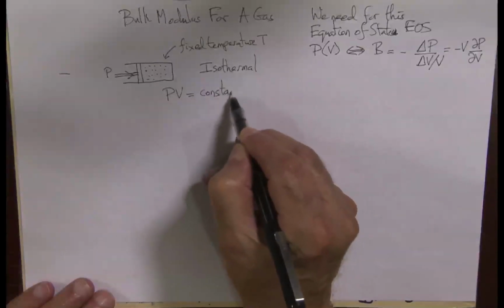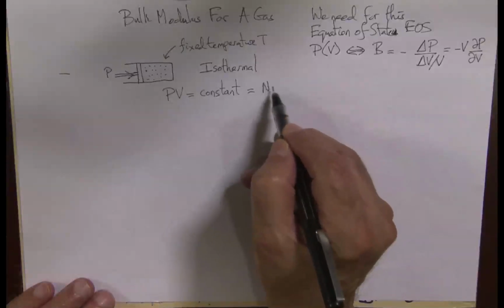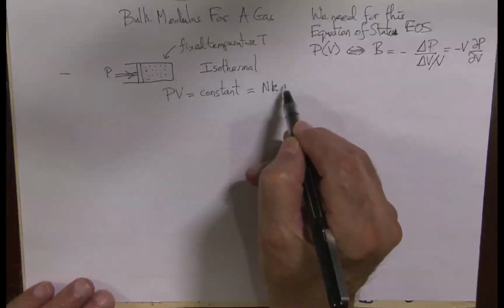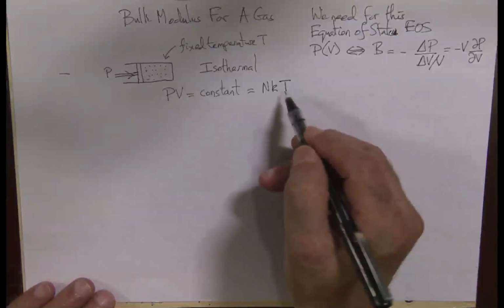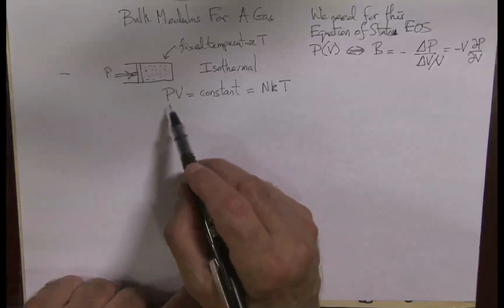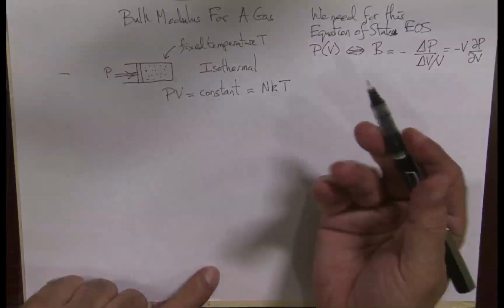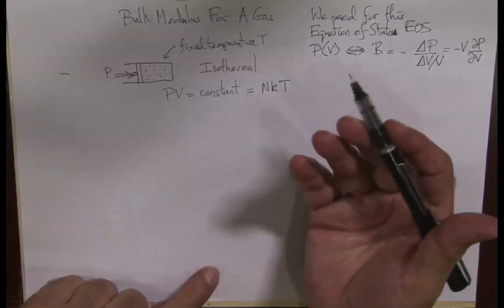And in fact, you know what that constant is. It's the number of particles times Boltzmann constant times the temperature, but we're not going to use this. So it's just that pressure into volume is equal to constant. And that's, of course, what is known as Boyle's law.